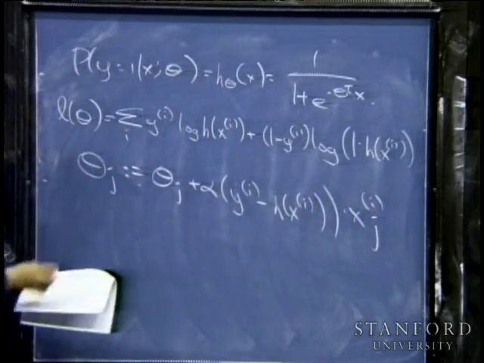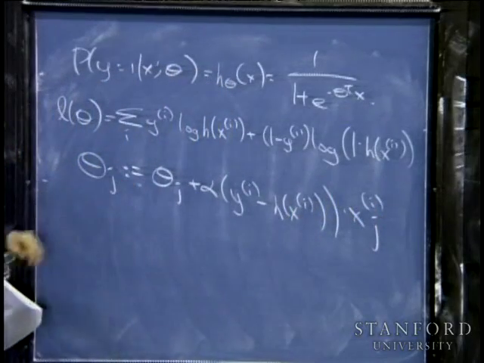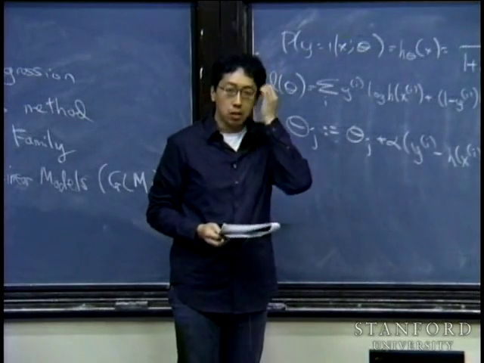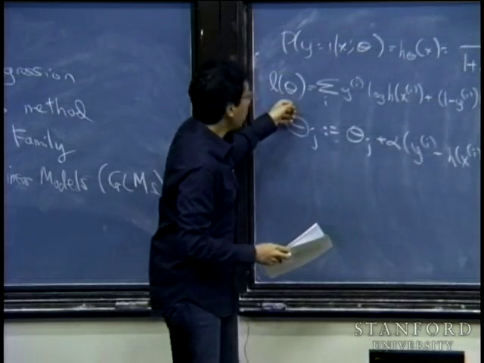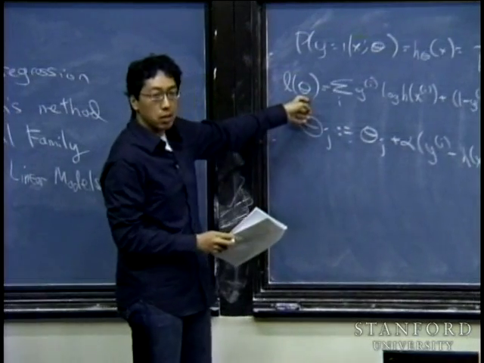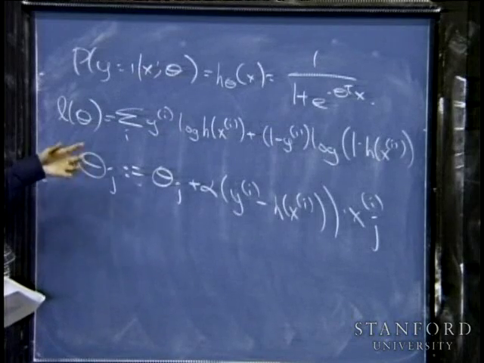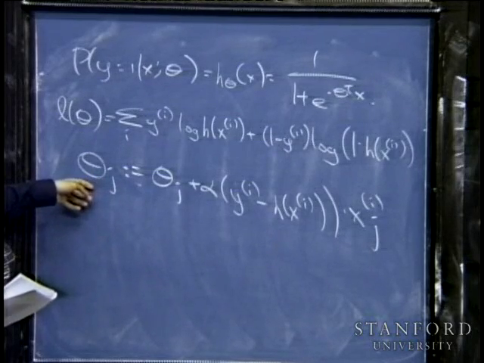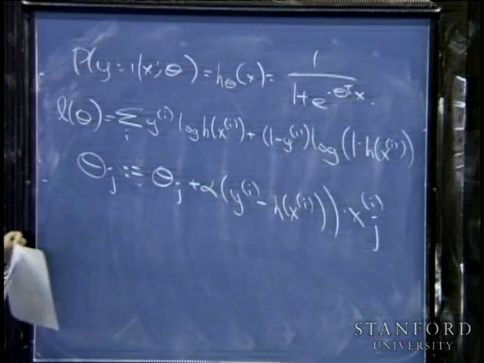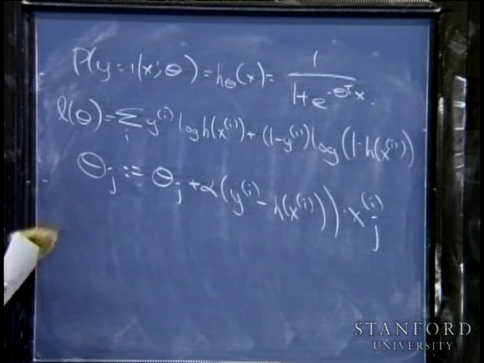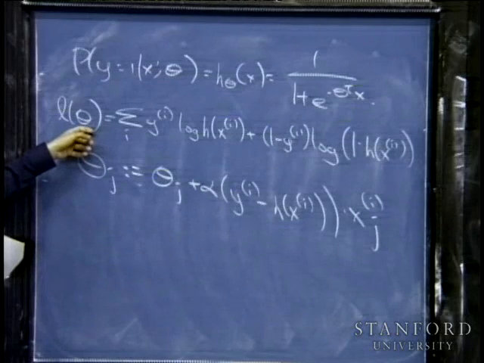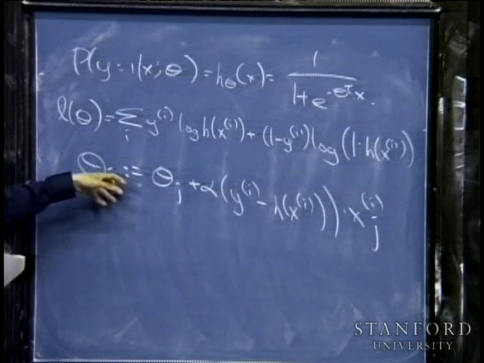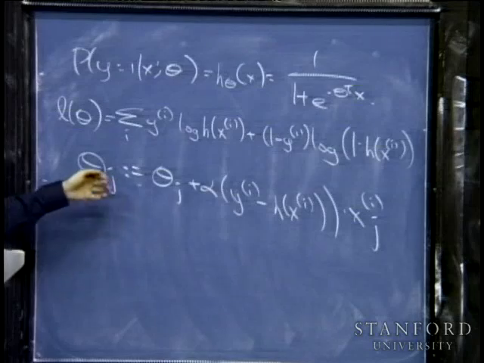So if you want to fit a logistic regression model, meaning find the value of theta that maximizes this log likelihood, batch or stochastic gradient ascent is a perfectly fine algorithm to use. But what I want to do is talk about a different algorithm for fitting models like logistic regression, which will often run much faster than gradient ascent.